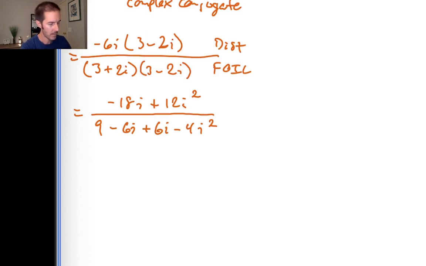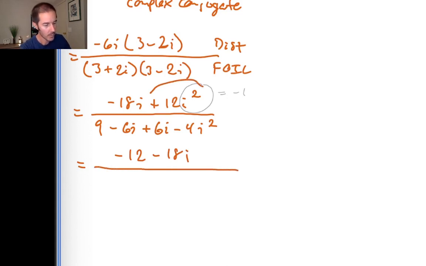Okay, let's just start cleaning this up. If you want to put in your little note over here that this is equal to -1, you could. So that allows us to write our numerator as, see what you think of this, -12 minus 18i.